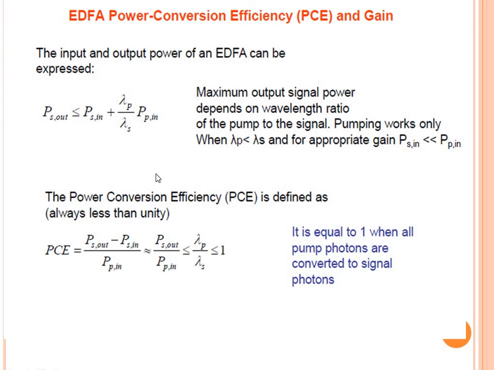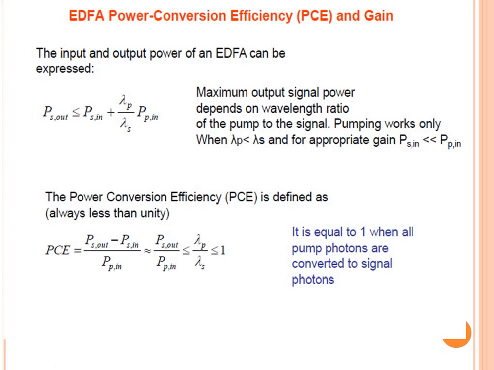So we see that the maximum output signal power depends on the ratio of lambda p by lambda s.